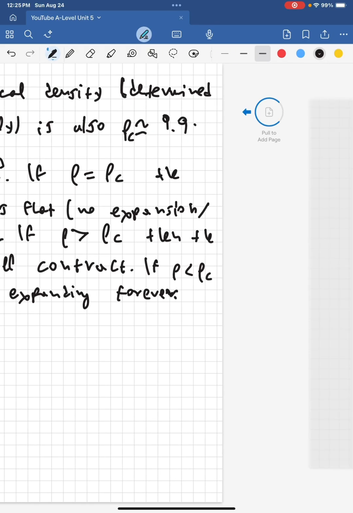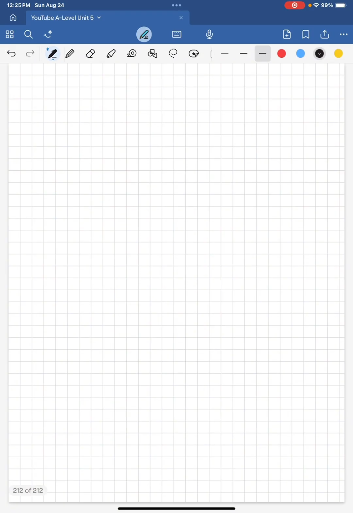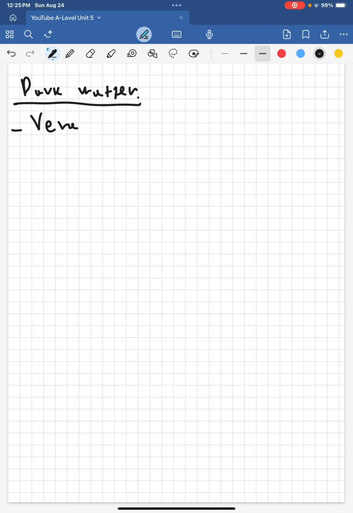Now let's go talk about another weird concept related to the age of the universe and such, called dark matter. Okay. Dark matter. So this was something discovered by Vera Rubin, another astronomer from back in the day.